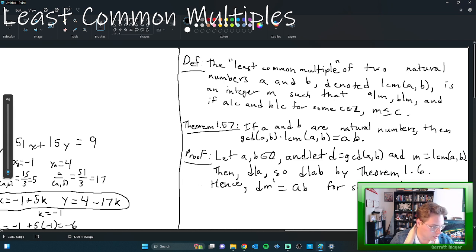So what we're going to do is write out the greatest common divisor in a form that we can use more algebraically.